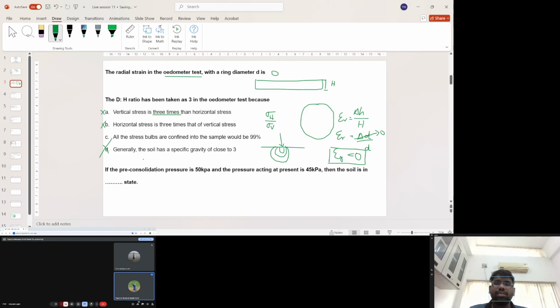For this dimension, the entire pressure bulbs will be accommodated within the sample once this ratio is followed. That is the reason the D to H ratio is taken as 3. Fine, so the right option is C.